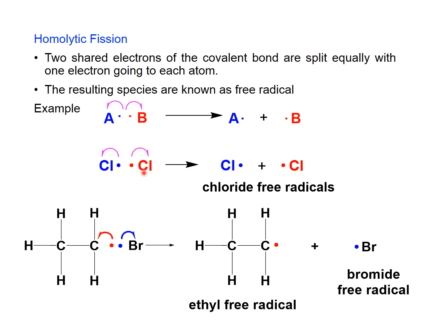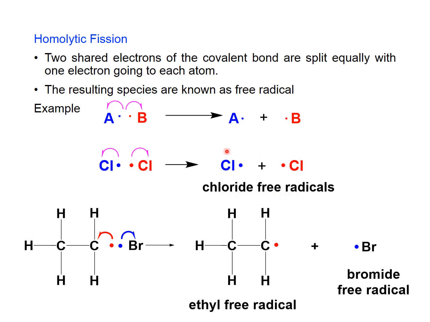So for example, for the chlorine just now, we have a blue electron and red electron, untuk nampak lebih jelas. So biru akan pergi ke chlorine yang kiri. The red electron goes to the chlorine on the right side. So both of them will become chlorine free radicals.